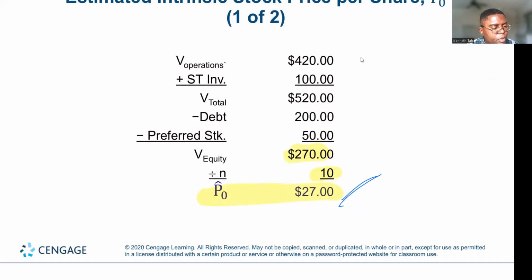Once we get the value of operation, we can add short-term investments that will give us the total value. We know the total value, so we know the claimants to this total value, which are equity holders, preferred stockholders, and debt. So we can calculate the value of equity.